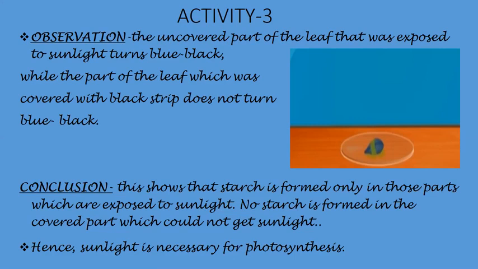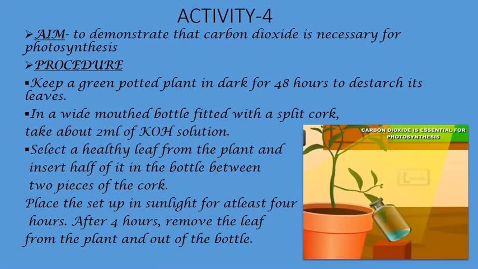photosynthesis. Coming to activity 4. Here we will demonstrate that carbon dioxide is necessary for photosynthesis. What do we have to do? Keep a green potted plant in dark for 48 hours to destarch its leaves.